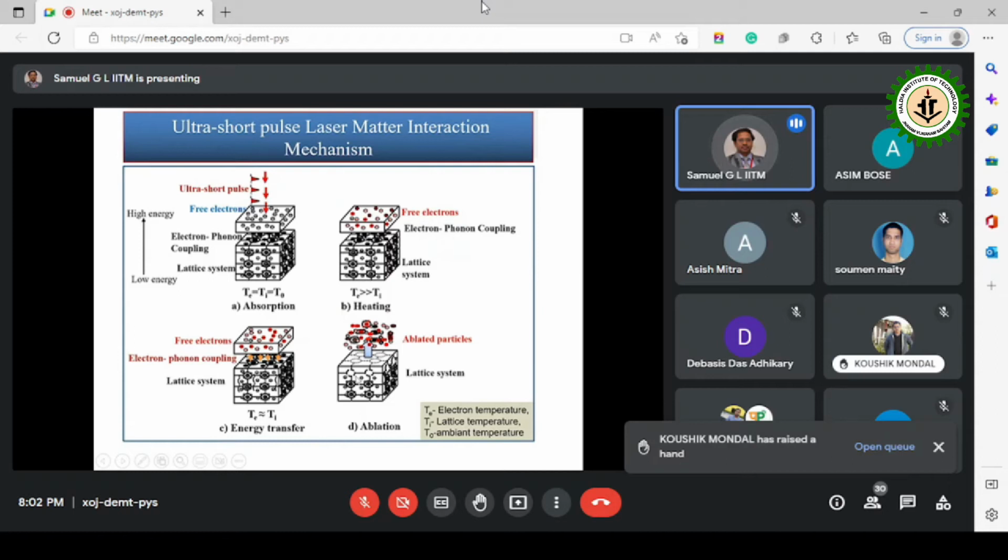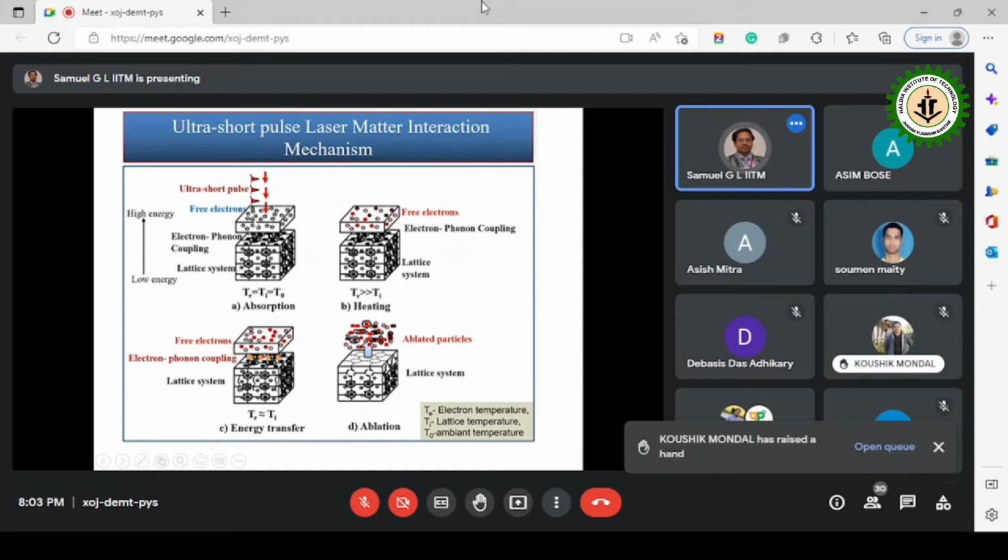Because one of my students was doing the PhD and we tried to explain the effect of the laser when it is put on a material. There were no diagrams, so we developed our own diagram, and this has been published in a journal paper. If you want, you can look for the name Kiran Kumar, myself, and Professor Shanmugam. You put ultra short pulse laser, you can get this paper, or later I can give you the link also.